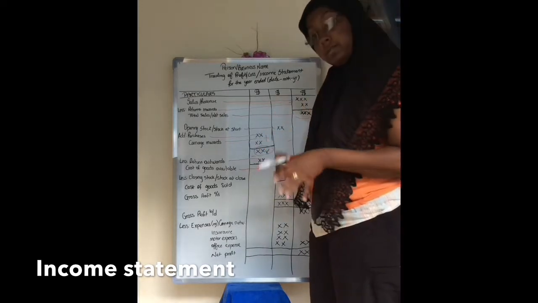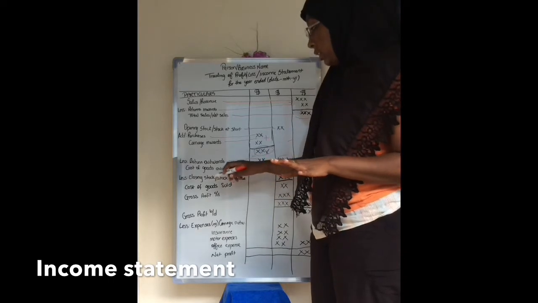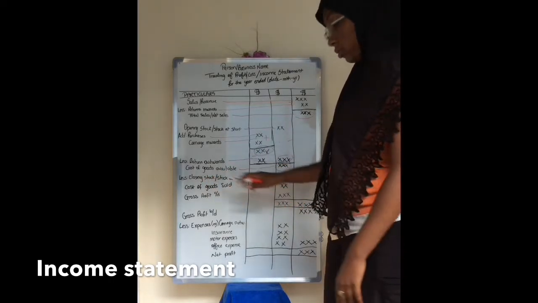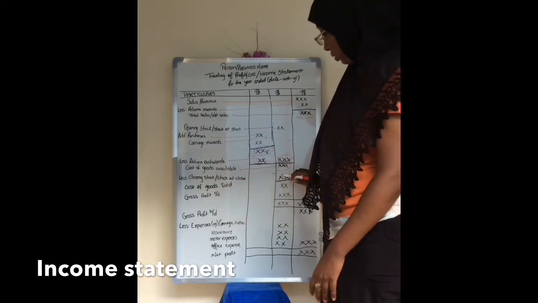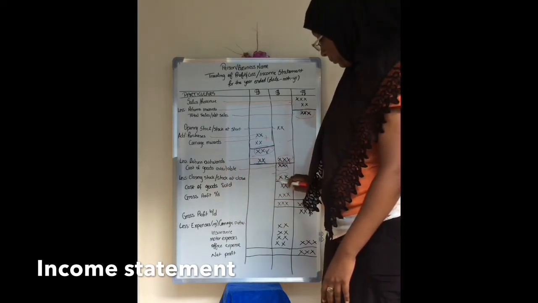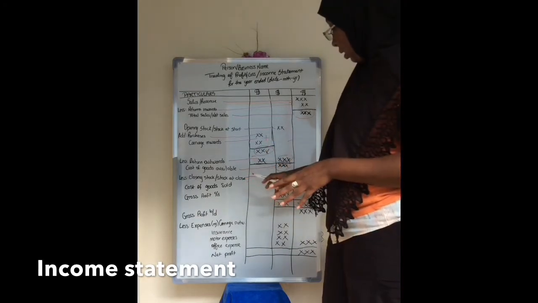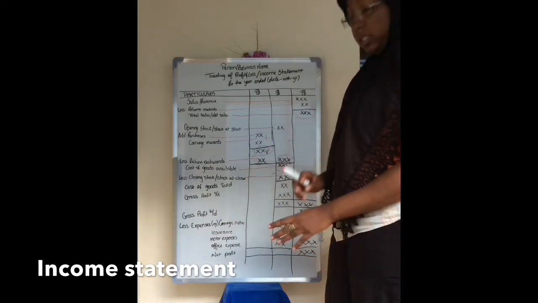After your cost of goods available, you're going to minus the closing stock. So your cost of goods available minus closing stock is going to equal your cost of goods sold, which is this. So far, we still haven't used our total sales.